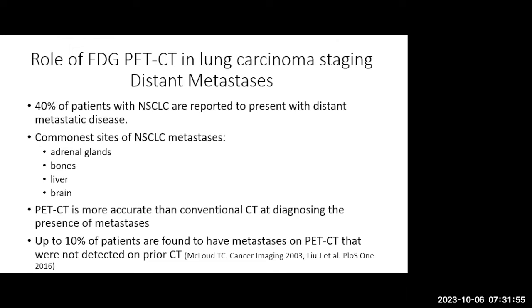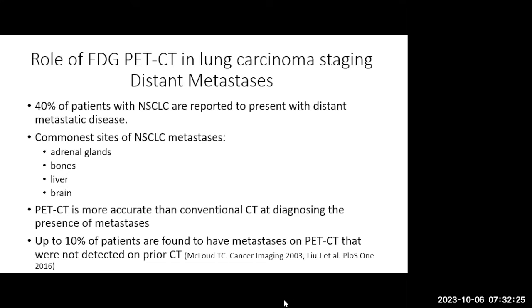In terms of distant metastatic disease, it's important to evaluate, as about 40% of patients with non-small cell lung cancer are reported to present already with distant metastasis. The most common sites for non-small cell lung cancer are the adrenal glands, the bones, the liver, and the brain. PET-CT is more accurate in general than conventional imaging at diagnosing the presence of distant mets.